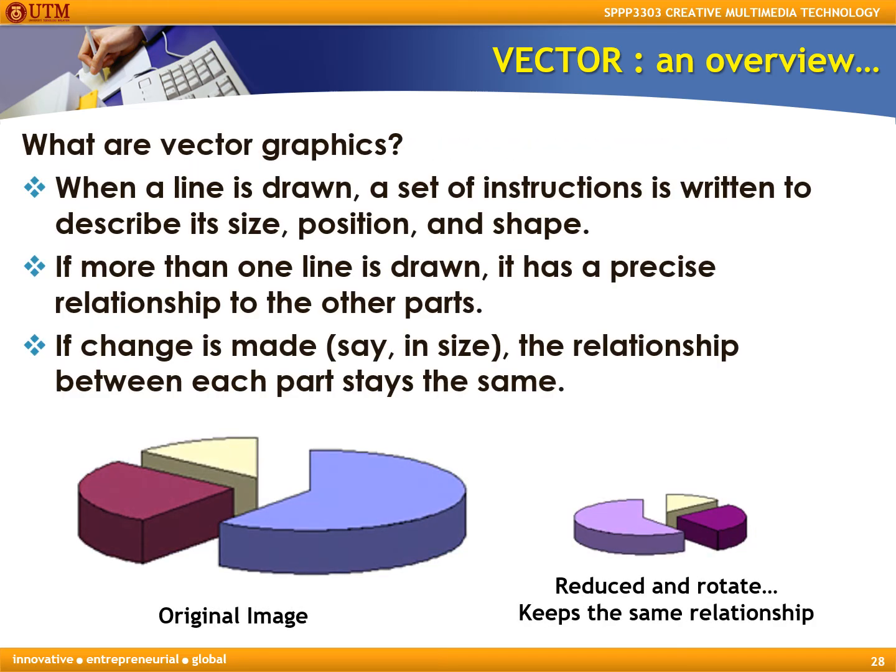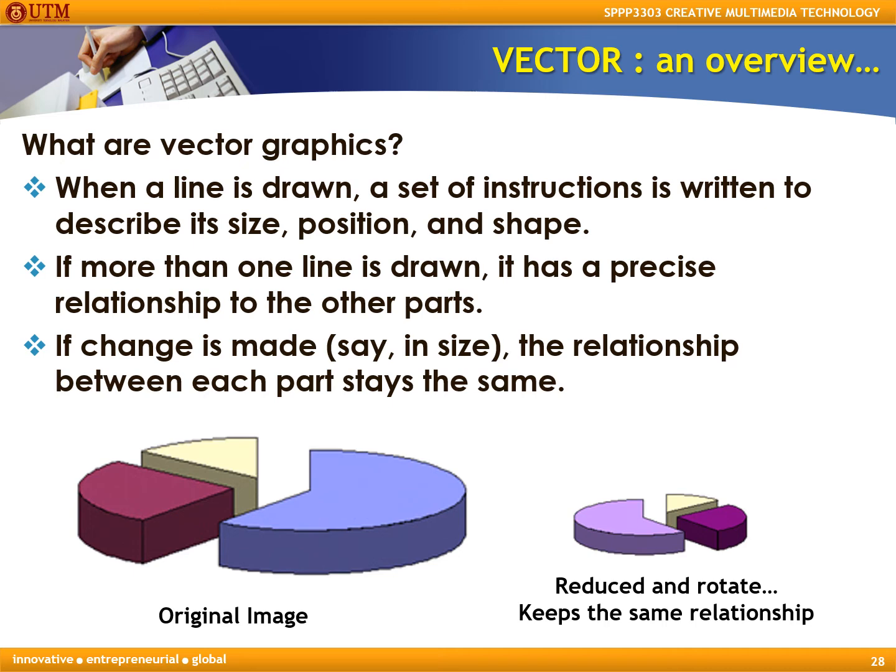So vectors, guys, are more about programming, okay? It's all about the computer language. So when you draw a line or any object in the software that you are using, you are actually giving orders to the software, like a set of instructions for the height, the size of the shape, and the position of the object that you are creating.